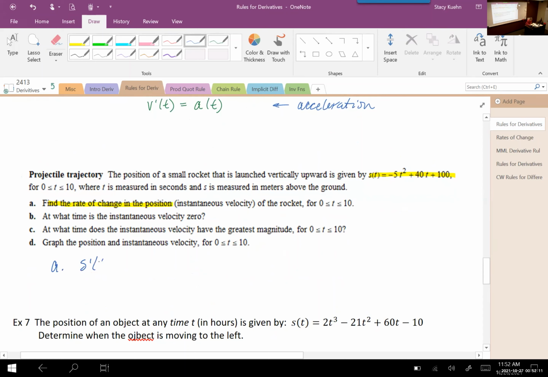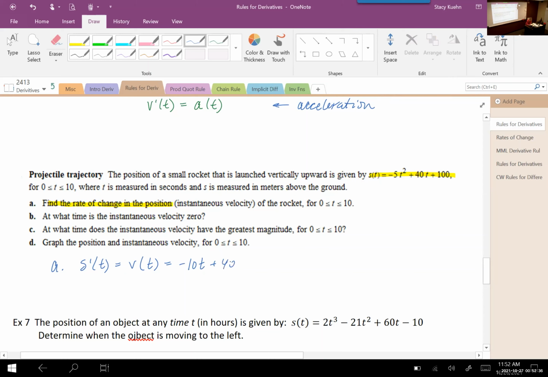So the derivative, which again is equal to the velocity, of negative 5t squared plus 40t plus 100. So what's the derivative of negative 5t squared? Negative 10t. What's the derivative of 40t? 40.